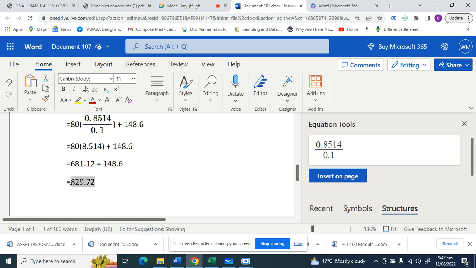So this is how much you pay for the bond at the Securities Exchange. You pay 829.72. Then you'll be receiving interest payments for 20 years. And at the 20th year, you get your last interest payment and the 1,000, which is the face value of the bond.